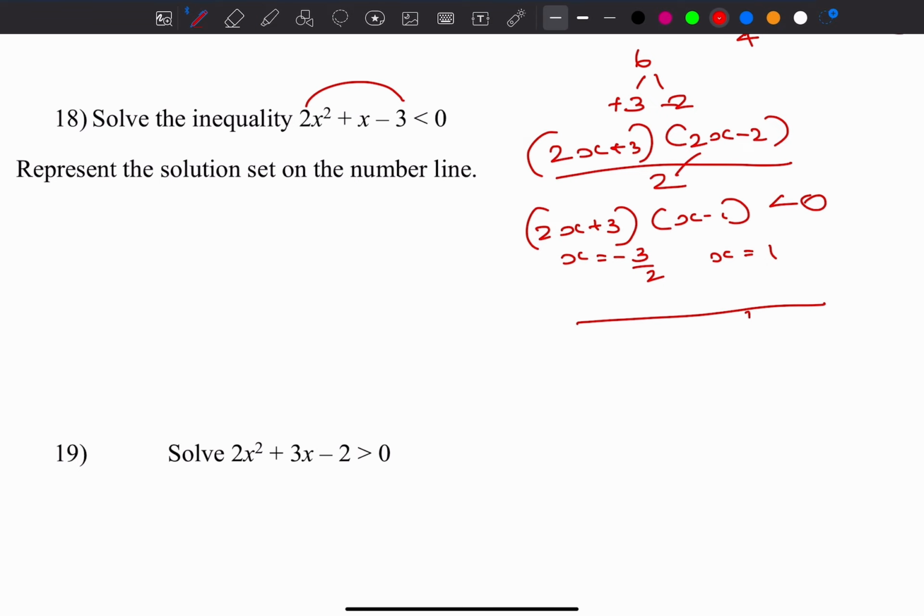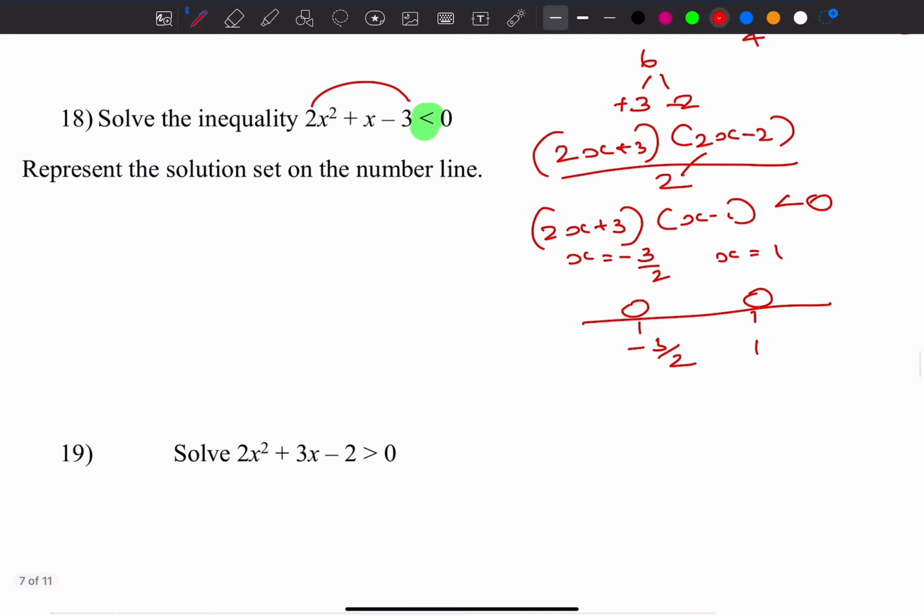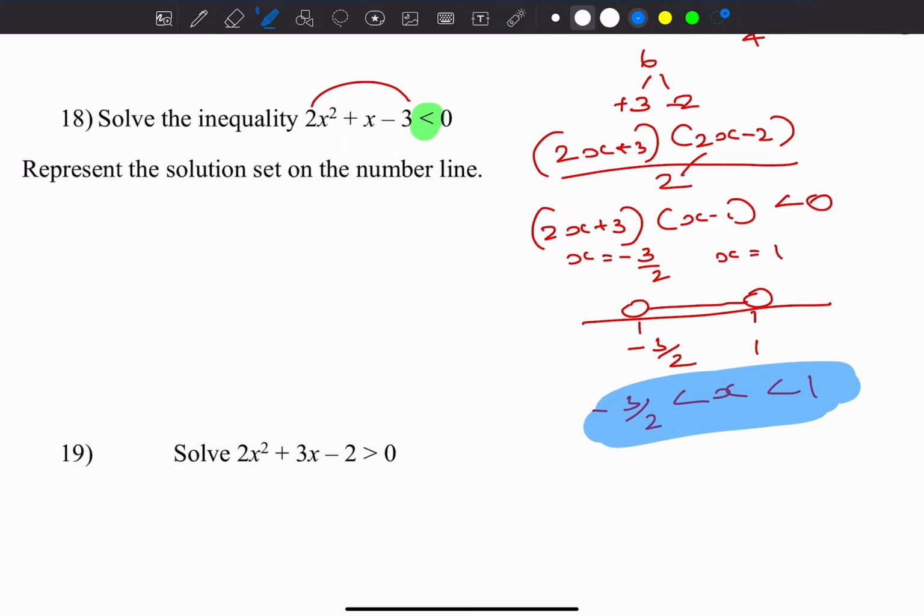On a number line, minus 3 over 2 is smaller, so it's here, circle, circle. Look at the way the inequality is, it's pointing towards it, so it's like that. Answer is x is greater than minus 3 over 2 and less than 1. You must memorize how they would look. That's why I gave 2 questions, so you will go through either way of doing it. Okay, learn.